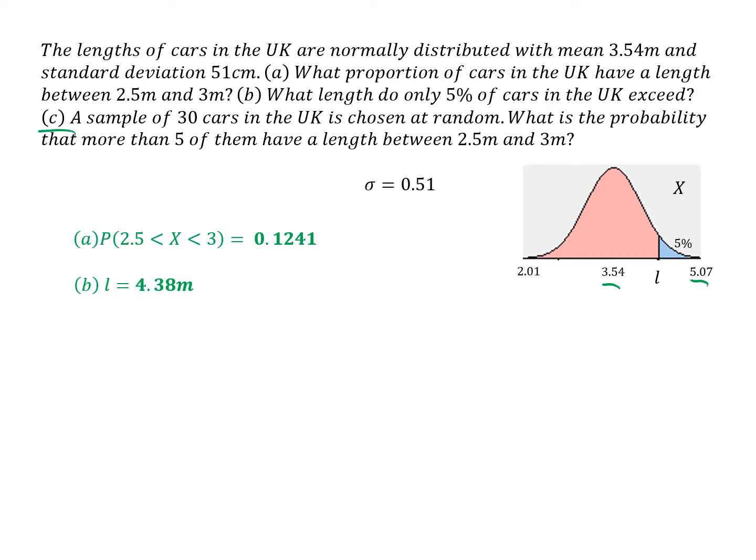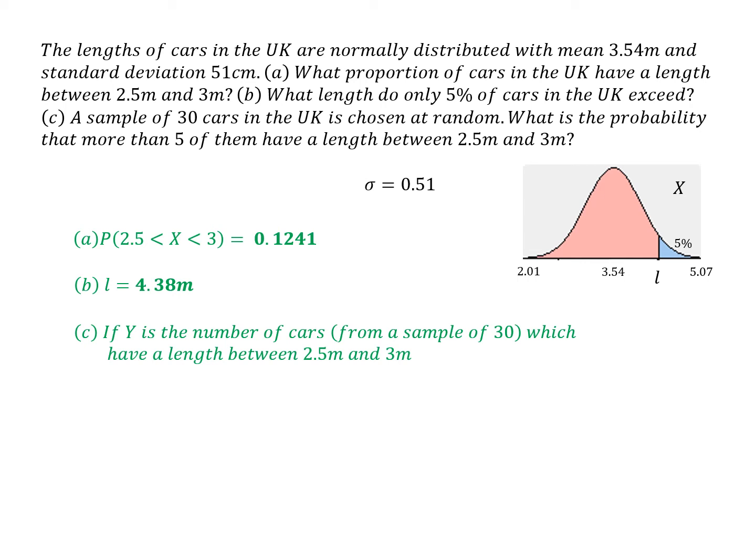Okay, so part C now, we're talking not about a single car being chosen from all the cars in the UK. We're now talking about a sample of 30 cars. So this is a different probability distribution.